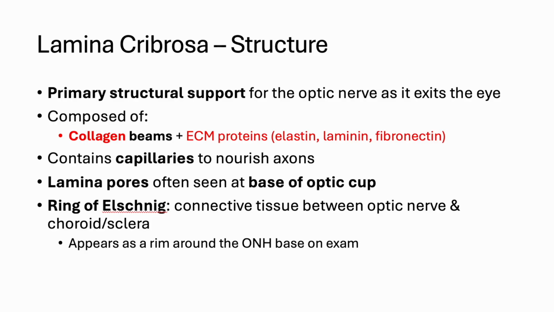The pores are often visible at the base of the optic cup. Surrounding this structure is the ring of Elschnig, a band of connective tissue that forms a rim around the base of the optic nerve head. This ring connects the optic nerve to both the choroid and the sclera and is visible during clinical examination.